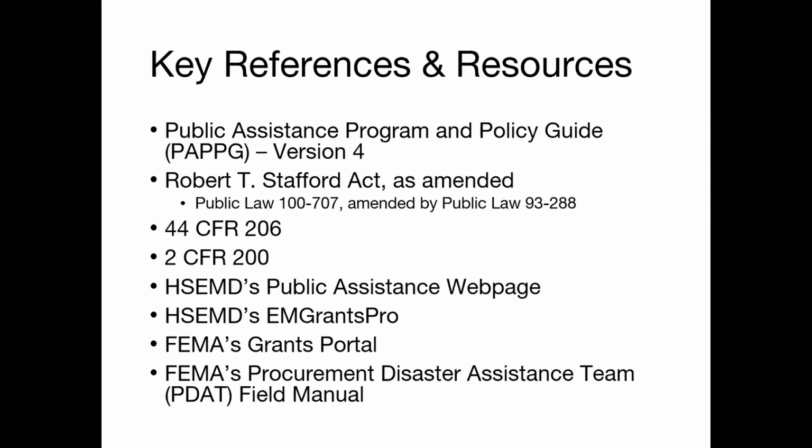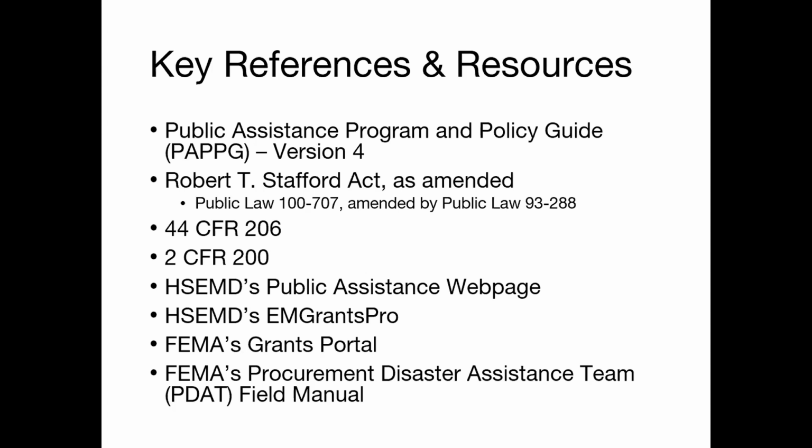We have a dedicated page on our website for the PA program. There you can find additional resources and information for Iowa's disaster declarations. EM Grants Pro is the state's grant management system. FEMA has a separate system, Grants Portal. You'll end up using both of these throughout the grant process.